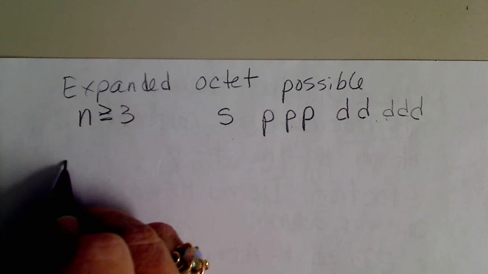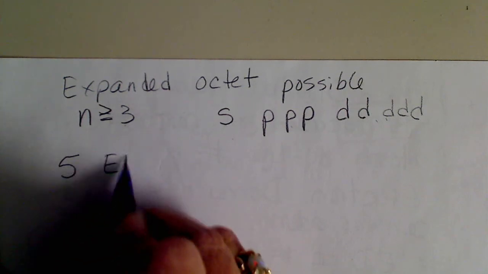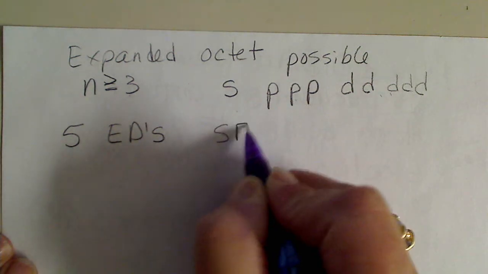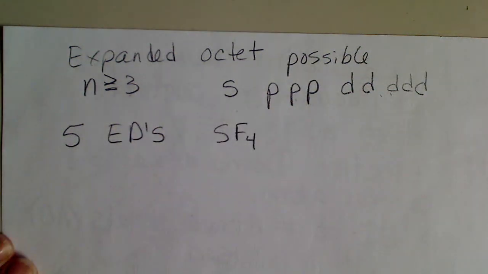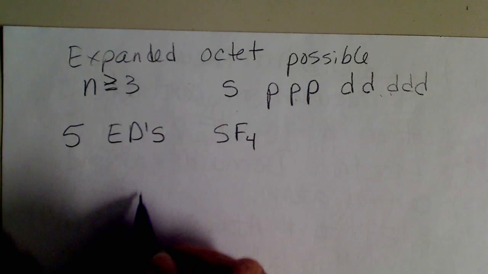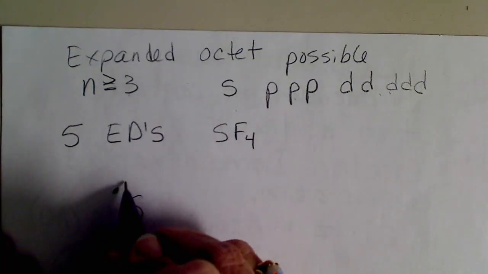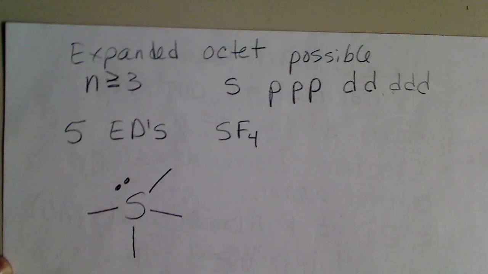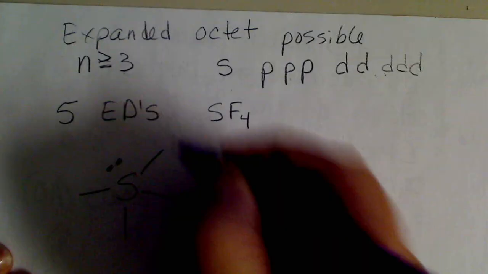So if we have 5 electron domains, for example, SF4 has that. Sulfur is going to end up with a lone pair and then 4 single bonds to each fluorine.